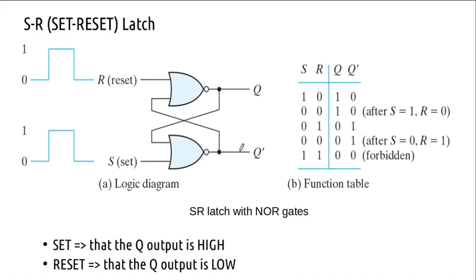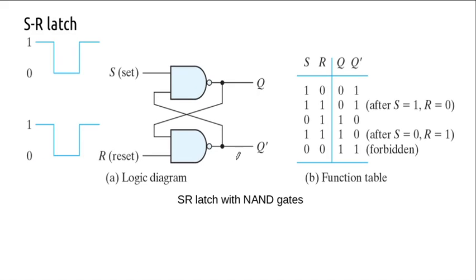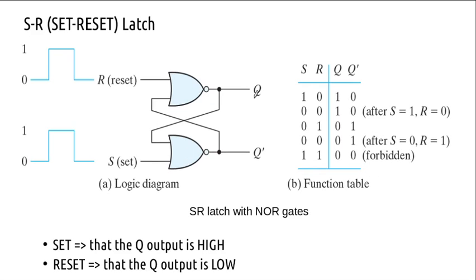I am more comfortable with the NAND gate explanation. Usually we explain with the NAND gate, right? So this is using a NAND gate. I've just replaced the NOR gates with NAND gates. Remember I have the set and the reset here, and the cross couplings are still there. I have shifted the outputs. Q bar still remains the same.